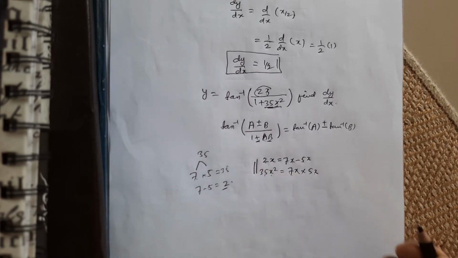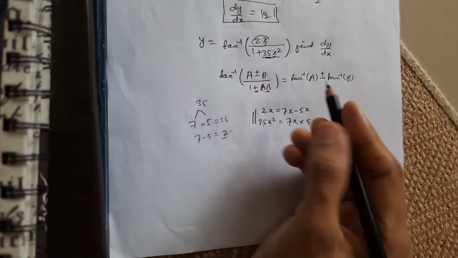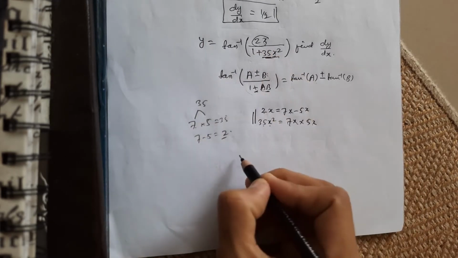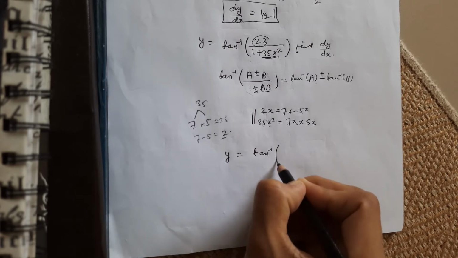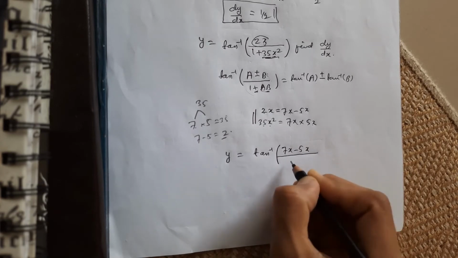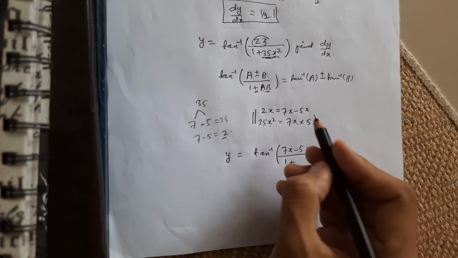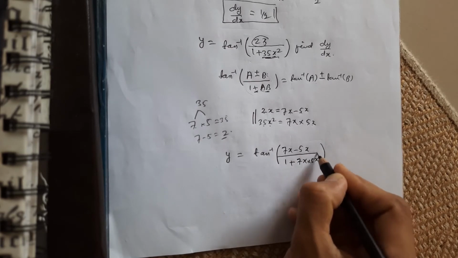Perfect, I found the pair that I can replace like this. So let y equal tan inverse of 7x minus 5x upon 1 plus 7x into 5x.